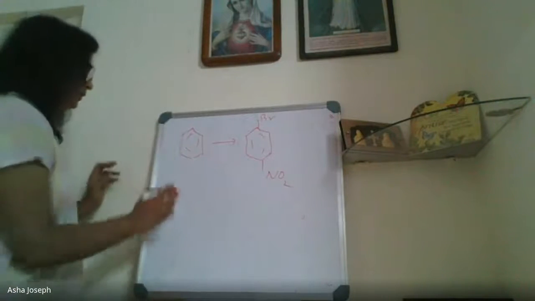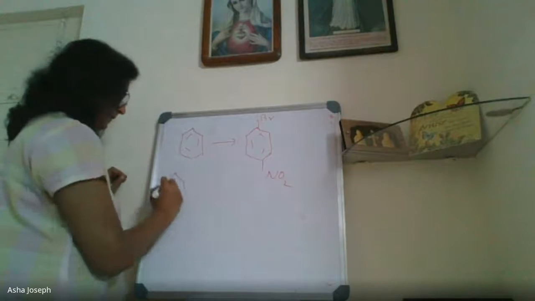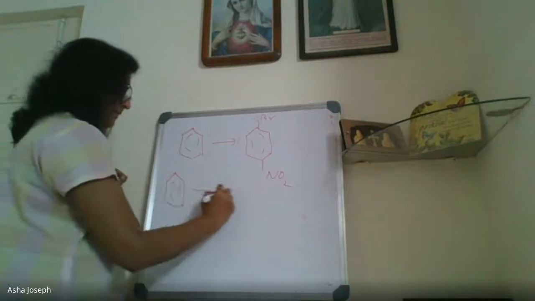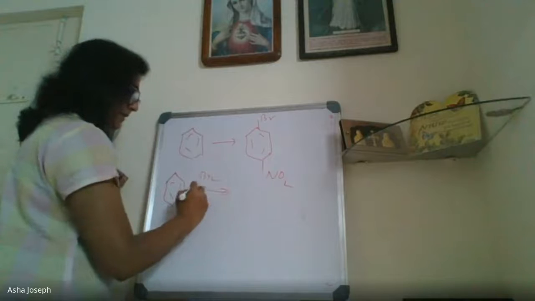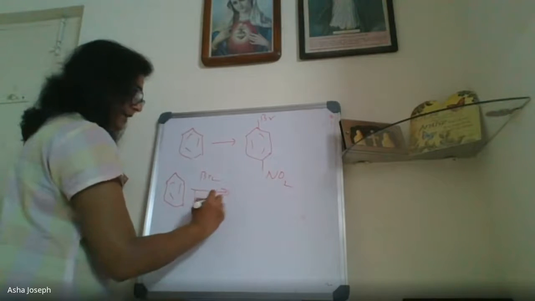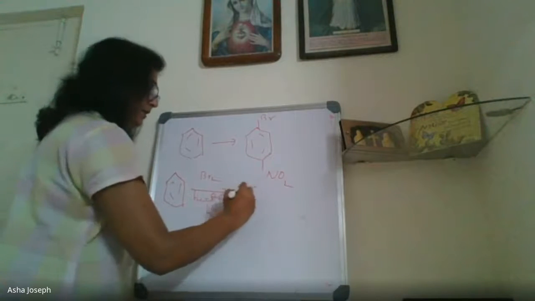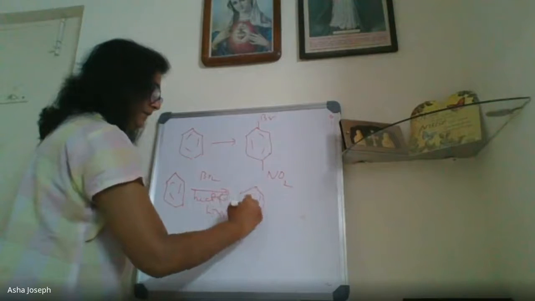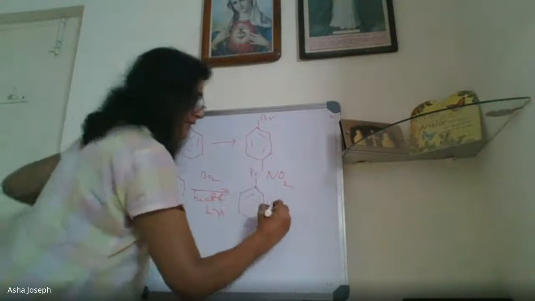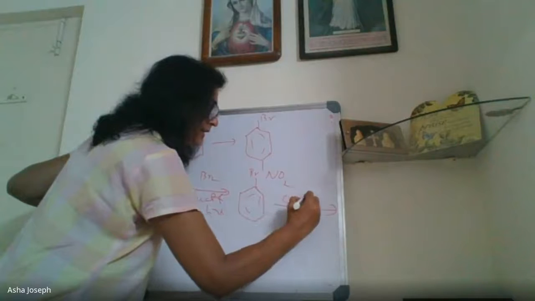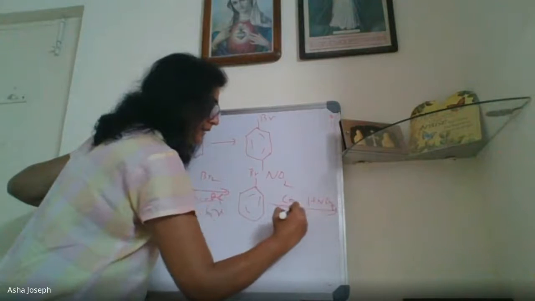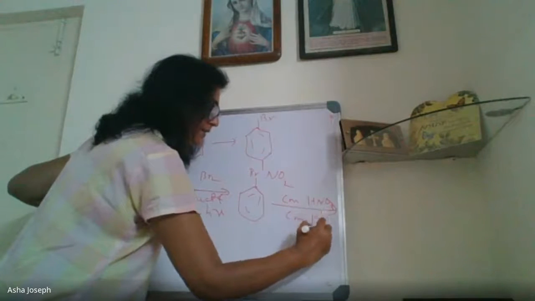Okay, so benzene. Bromination in presence of heat and light gives bromobenzene. Now nitration. What is the reagent? Concentrated nitric acid and concentrated sulfuric acid.